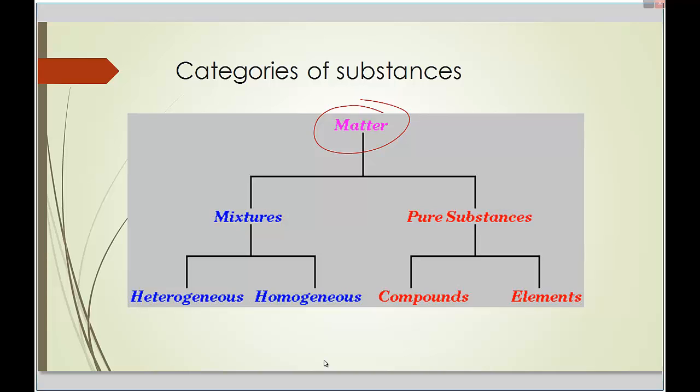So first thing you want to ask yourself is whether or not it's a pure substance. Is it a mixture or is it pure? If you're given the exact chemical formula or the chemical name, you're pretty much guaranteed it's a pure substance, because a compound is 2 or more elements bonded together.